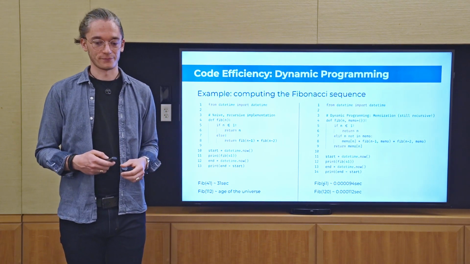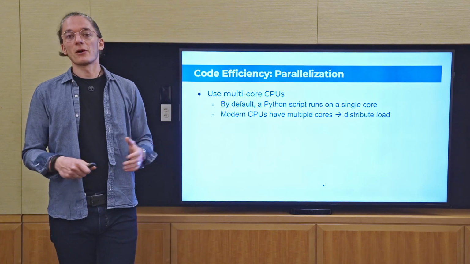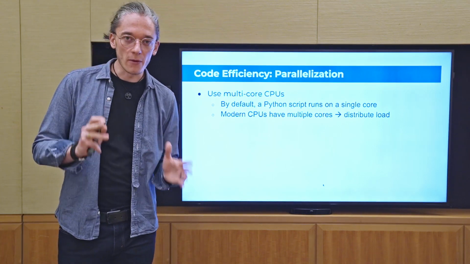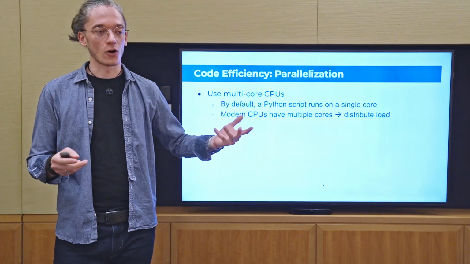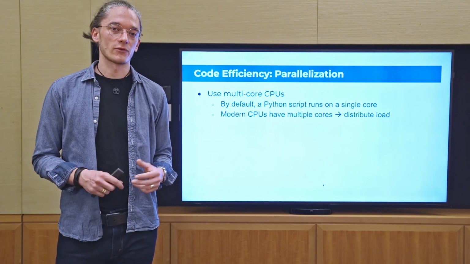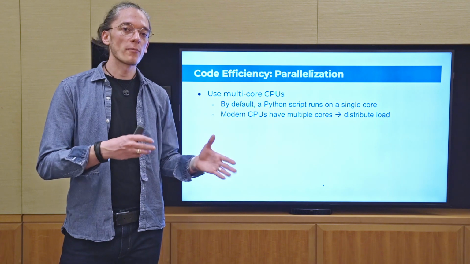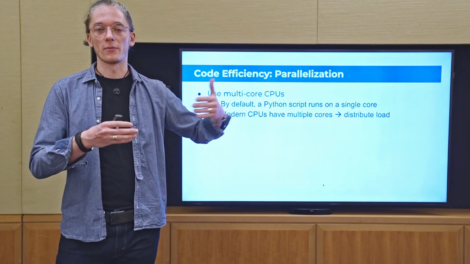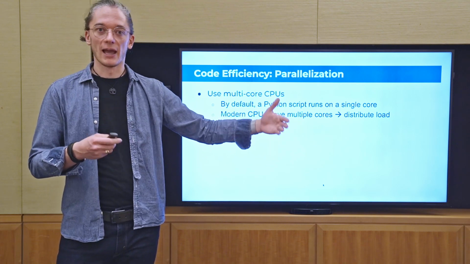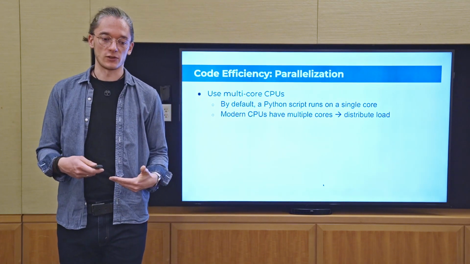Code efficiency: parallelization, I mentioned it already, is probably the most important concept to take away here, because the FASRC and all the other high-performance clusters are structured in the same way, that we get more performance through making use of resources in parallel, and therefore our programs have to leverage that.